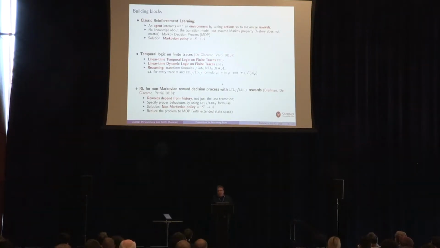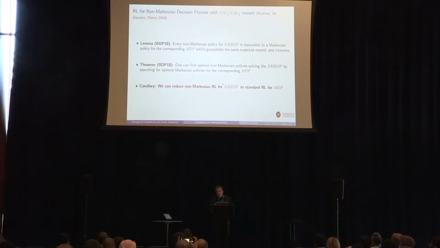So, building blocks: classical reinforcement learning, linear temporal logic over a variant of finite traces, and some work on non-Markovian reward decision processes where the rewards are given in this logic.